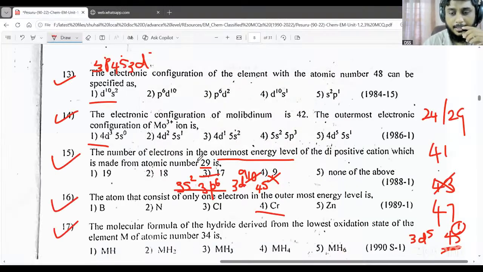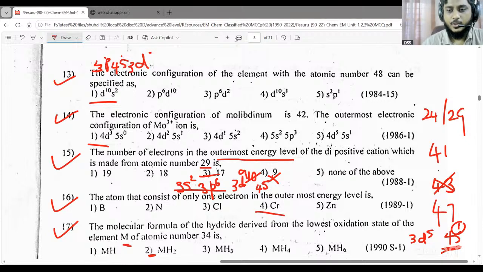So for the hydride of element M, we have to write not MH2 but H2M, as we normally write it.